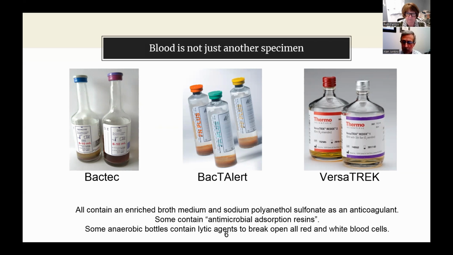A good example would be Gardnerella vaginalis, Peptostreptococcus. These are bugs that might actually cause bacteremia and sepsis more often than we think, but they just don't grow very well in our blood culture bottles. So that's the best case scenario that we have for SPS, but it's still not fantastic.